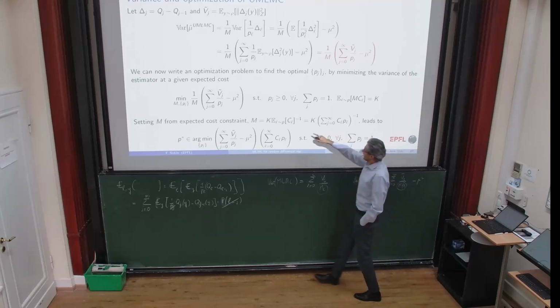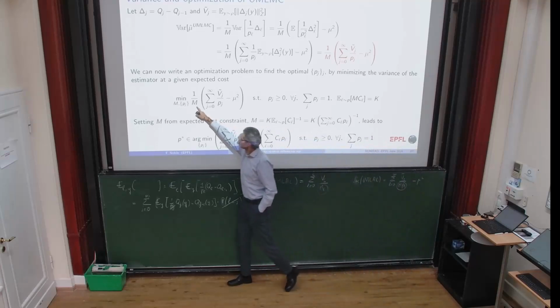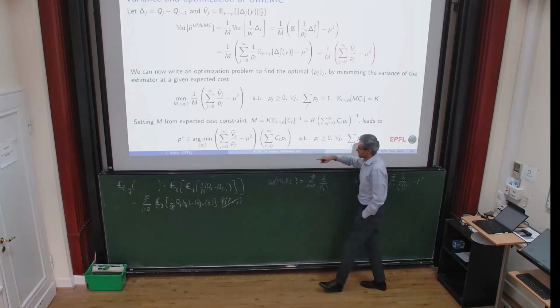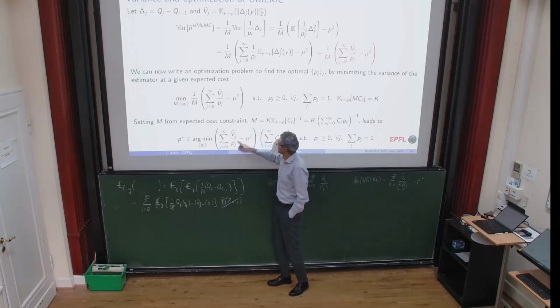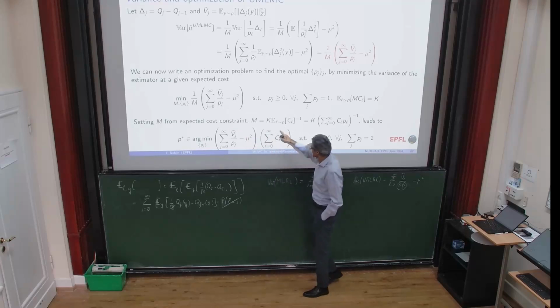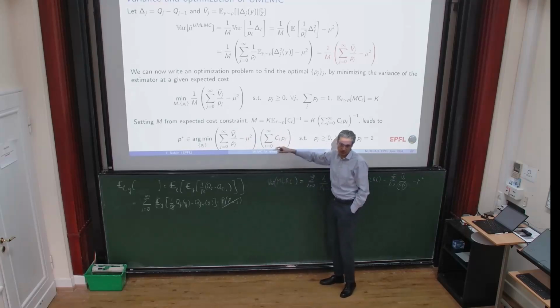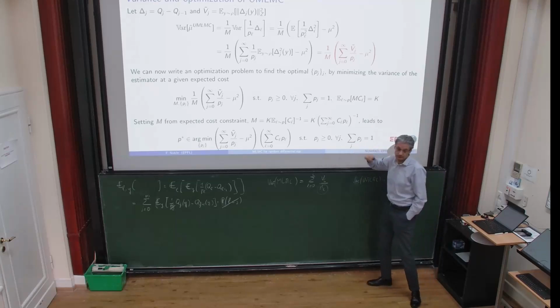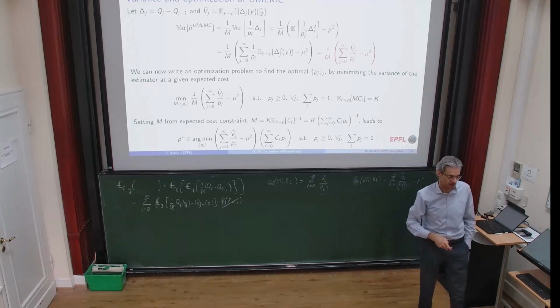So now if I plug this M here, what I have to minimize over the probability mass function is this product, this variance times the inverse of the expected cost.